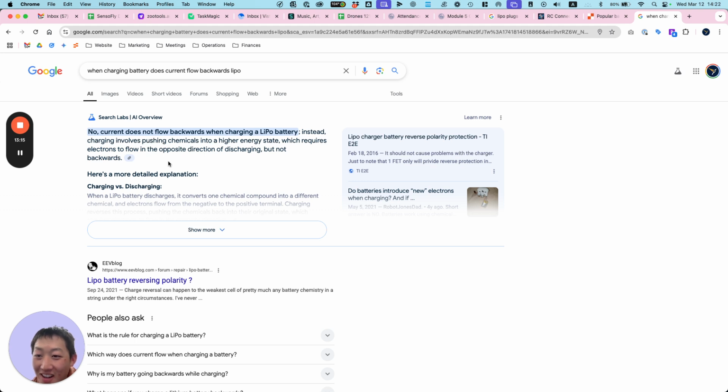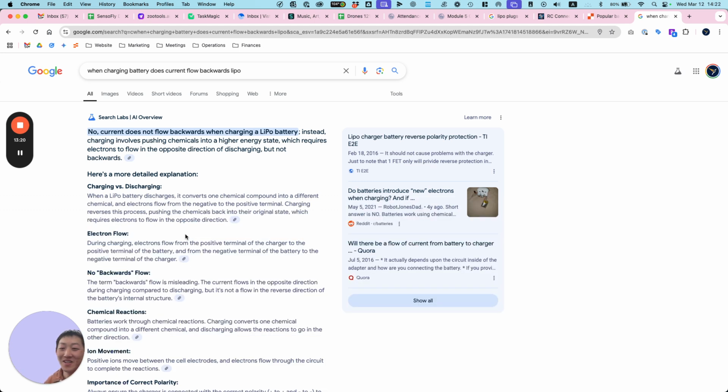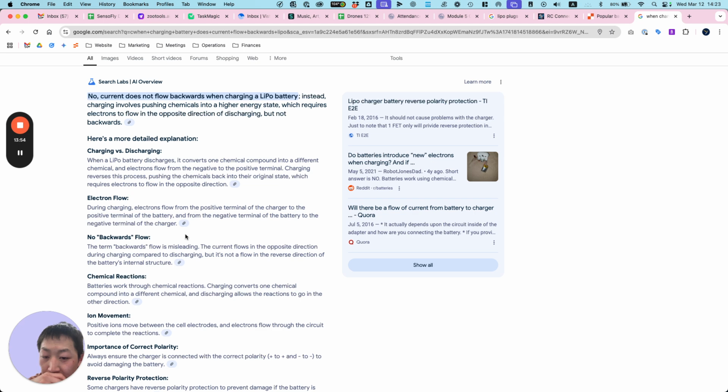Okay, never mind. I'm going to wait till John shows up, because he's the electrical engineer. Maybe he knows a little bit more. But let me see why though. Importance of correct polarity is the last line.